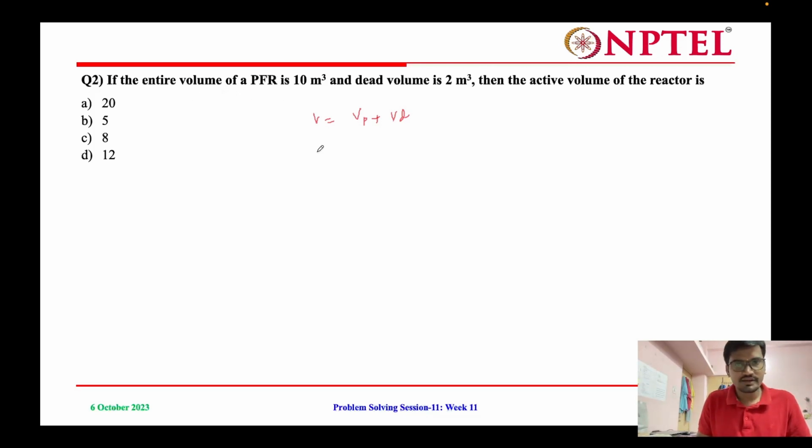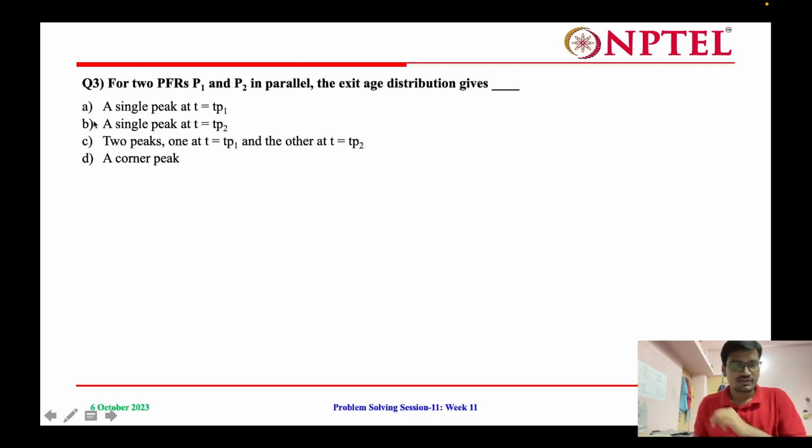Total volume is given as 10 meter cube, Vp we have to calculate, and dead volume is 2. Vp is equal to 8 meter cube. Option C is correct.